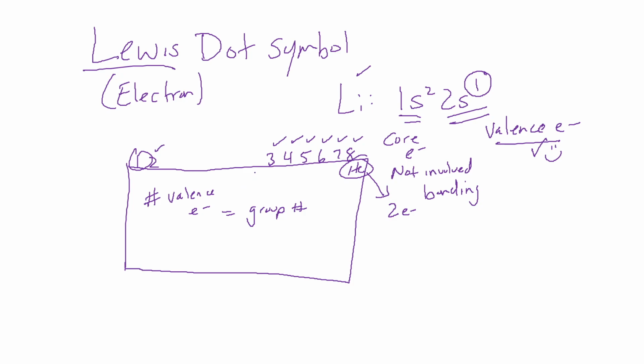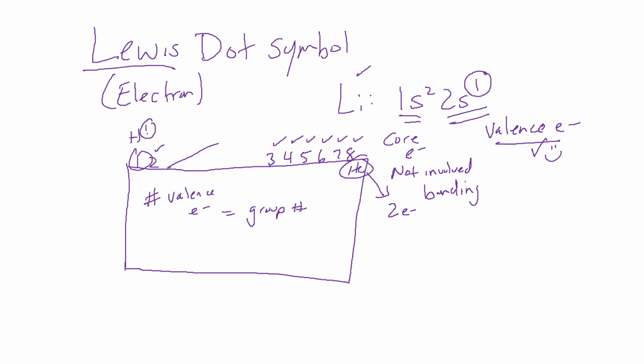Helium will only have 2. Hydrogen has 1 valence electron, because it only has 1 electron as well. So when we look at Lewis dot symbols, an easy way to figure out the valence electrons is just to look at the group number. Whatever the group number is, that is the number of valence electrons that you have.